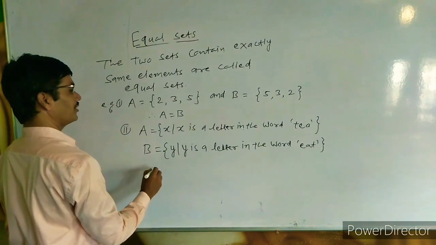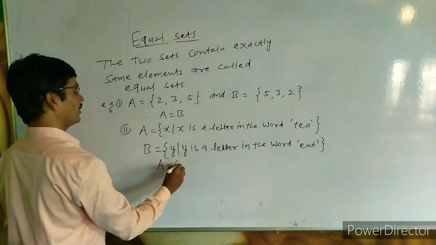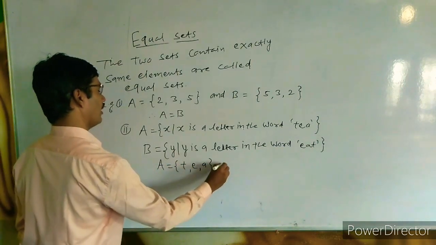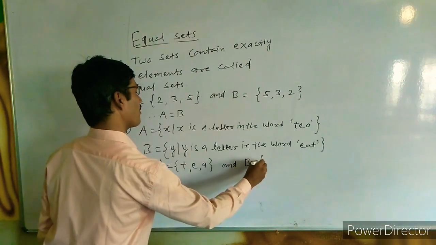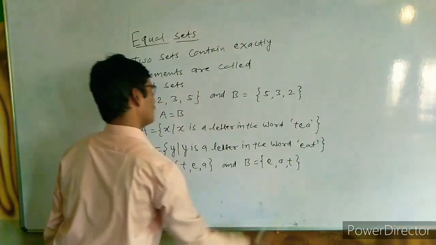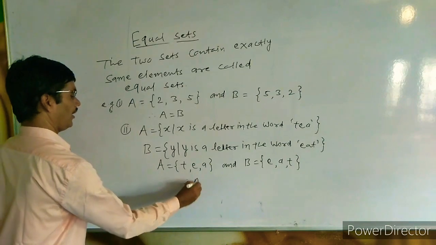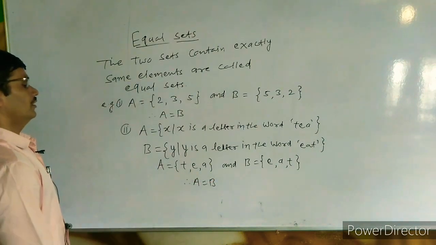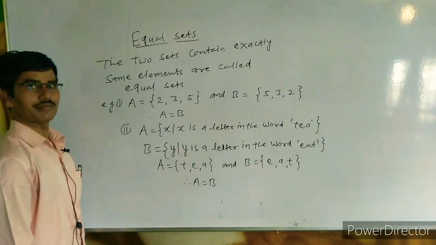Write down by using listing method: A equal to {T, E, A} and B equal to {E, A, T}. Therefore, A equal to B because set A and B contain exactly same elements.